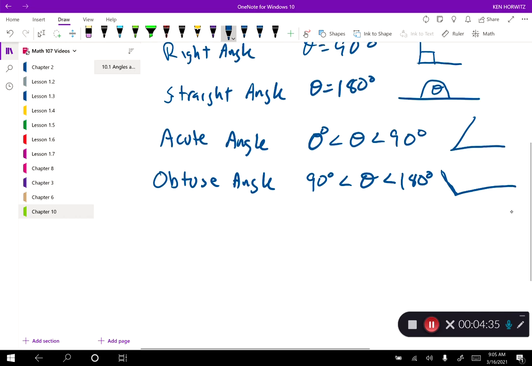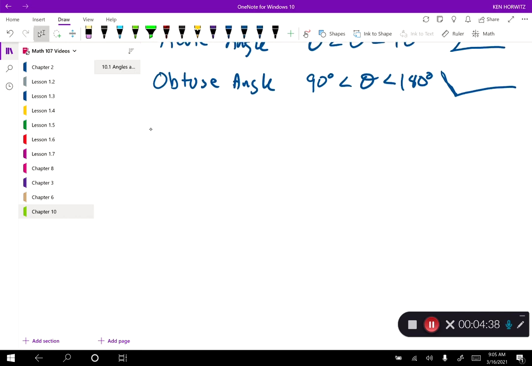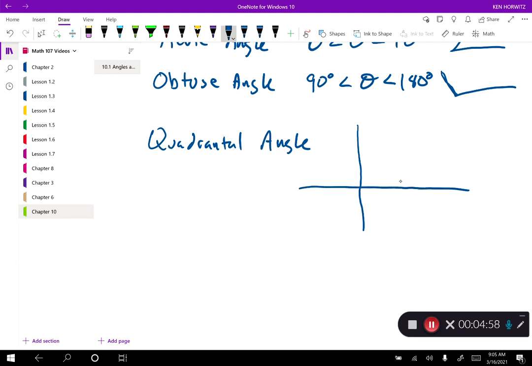All right, and then there's such a thing as a quadrantal angle. A quadrantal angle has its initial and terminal side on axes. So its initial side and terminal side are on coordinate axes. I'm going to change color so you can see it.